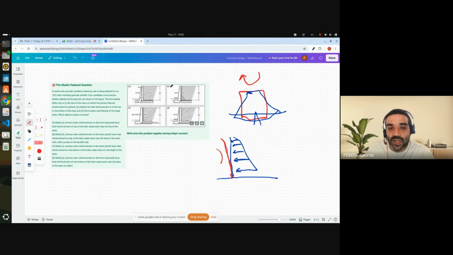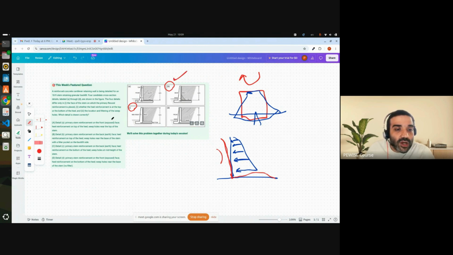So between our options, we have option B and option C, where the reinforcement is toward the soil. And then this part, the 90 degrees stays the same, and the soil will force it to go back. So the part that elongates is the top of the concrete. So between B and C, we have B, where the reinforcement is on the top section of the heel. So we already have option B as the correct option.